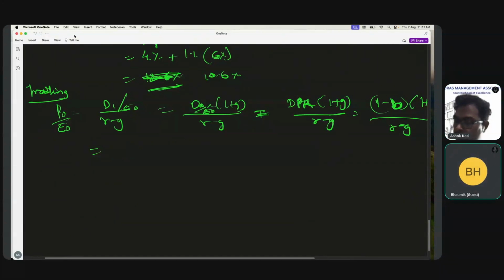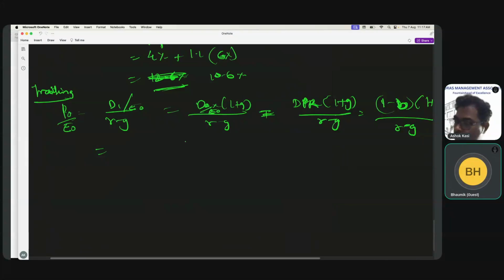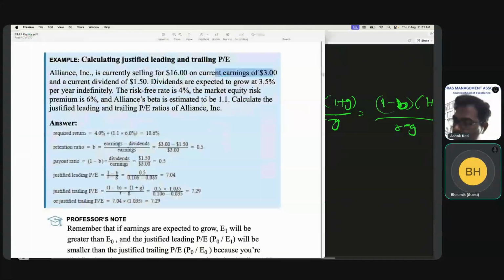So now, sir, we have everything. Current earning is 3, current dividend is given.